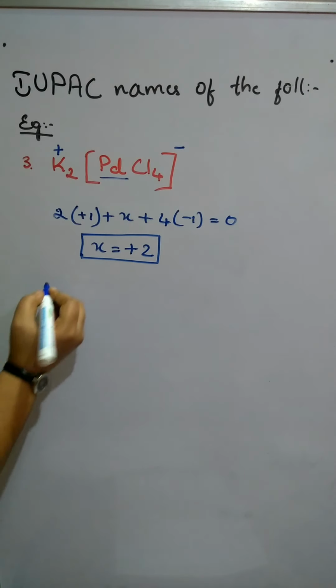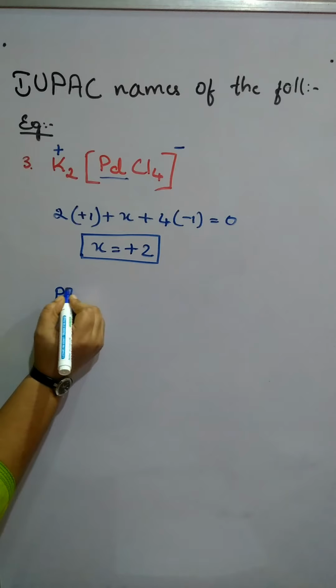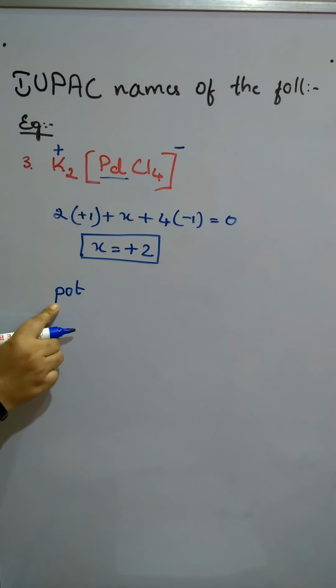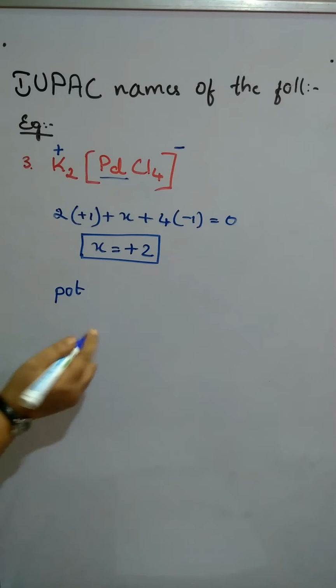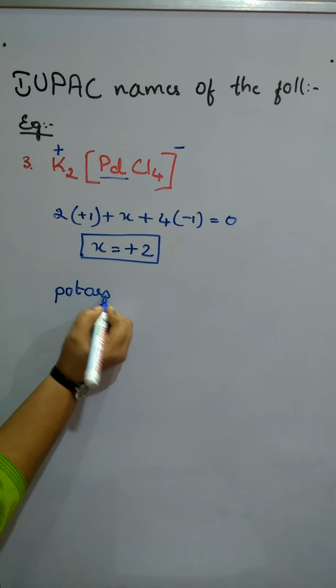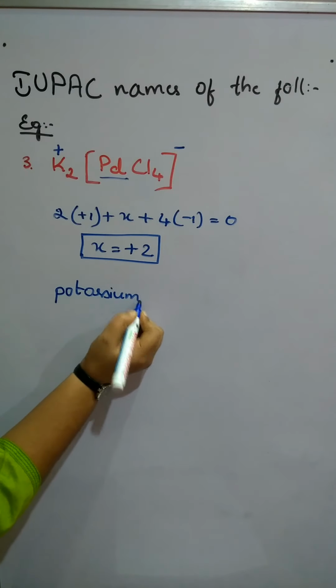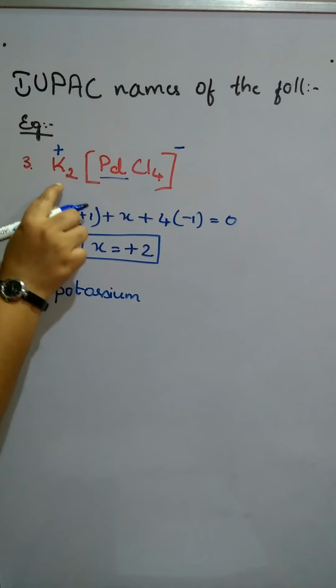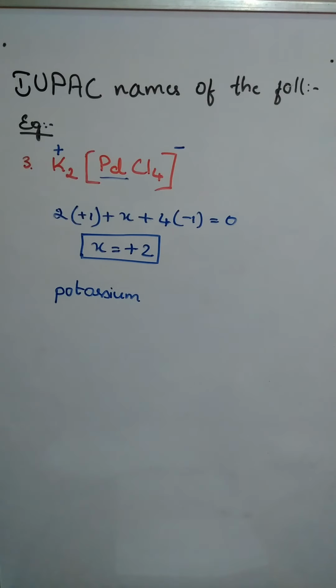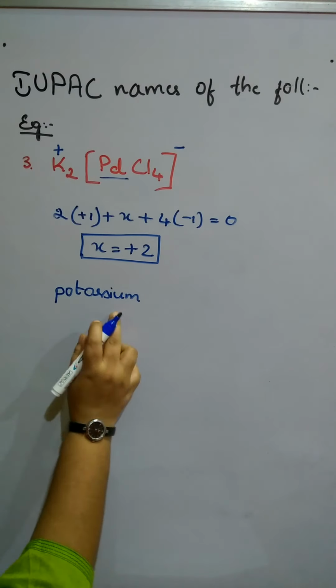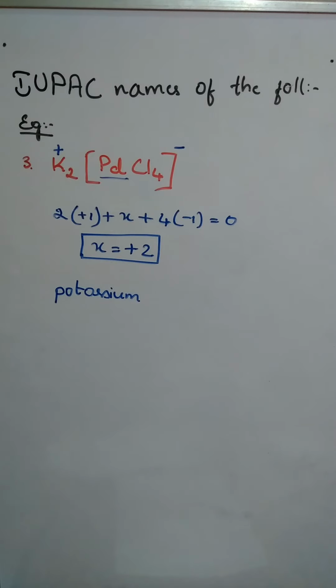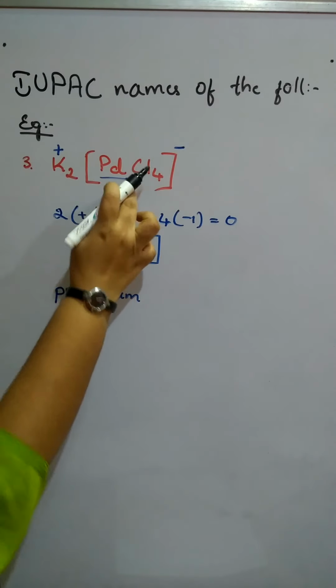It is potassium. Remember, the name should start with a small letter. Potassium, the simple cation. So we need to leave some space here. After leaving the space, we'll start writing this one.